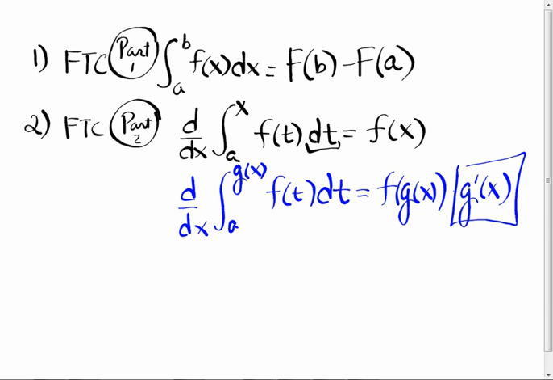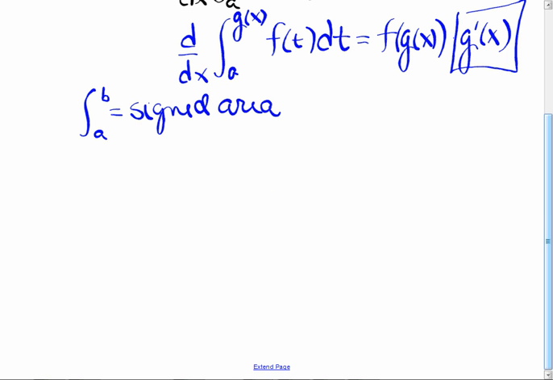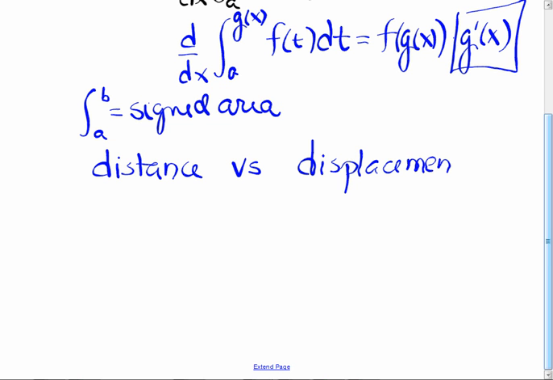An integral from a to b is equal to the signed area, which could be negative. And what's the difference between distance and displacement? If you remember, we found the area under a velocity curve.